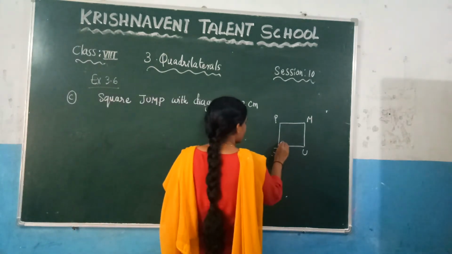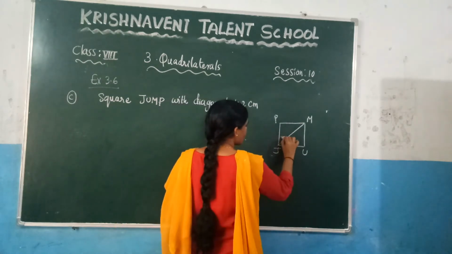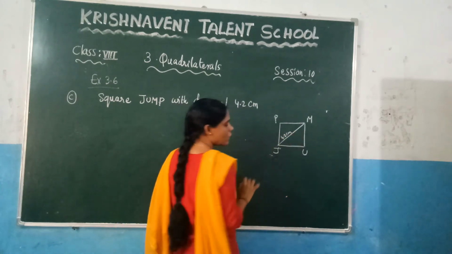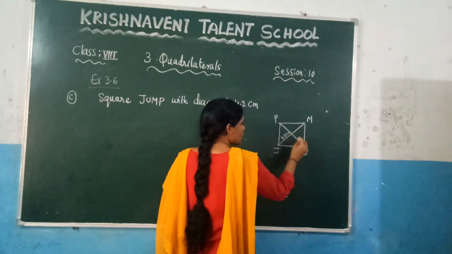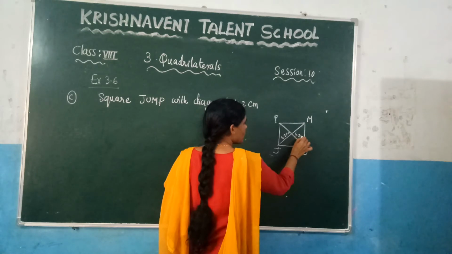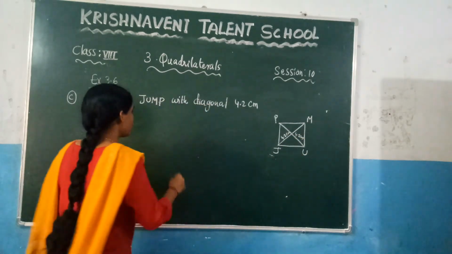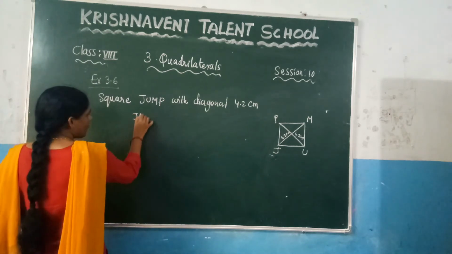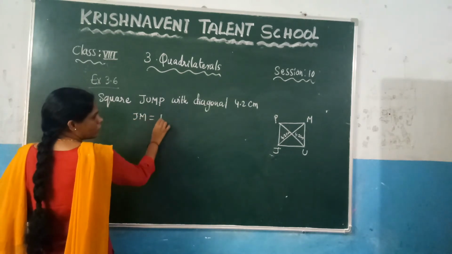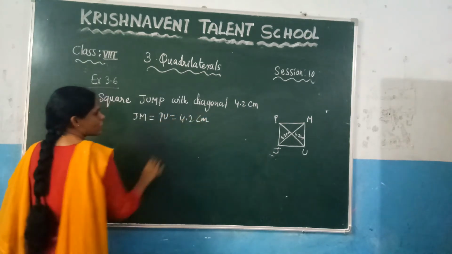So here you know that in a square the diagonals are also equal. So let us consider this diagonal. They have given the length of the diagonal, which is 4.2 centimeters, right? Similarly, if you join the other diagonal, this length is also equal to 4.2 centimeters, because in a square the diagonals are equal. So here you will get JM is equal to PU is equal to 4.2 centimeters, right?